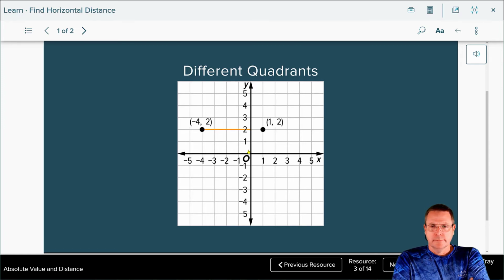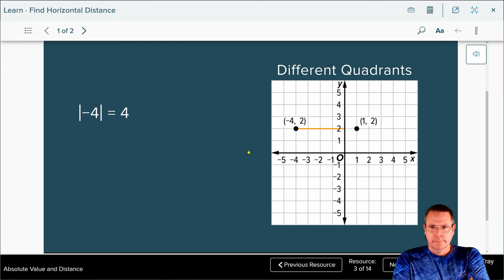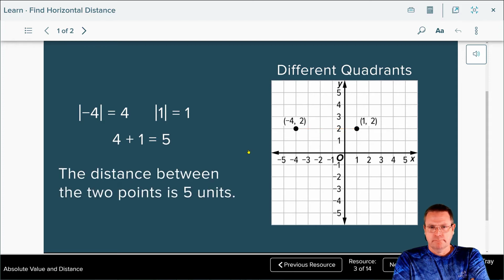The absolute value of -4 is 4, and the absolute value of 1 is 1. Add the absolute values of the x-coordinates to find the distance between the 2 points. 4 plus 1 equals 5. So, the distance between the 2 points is 5 units.